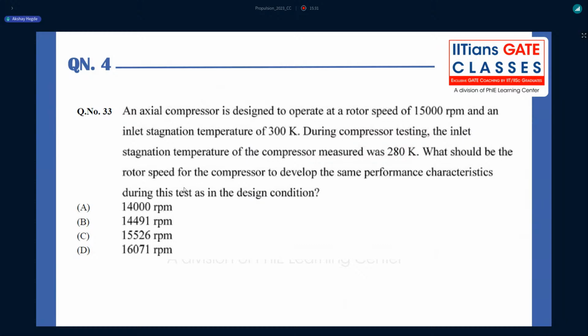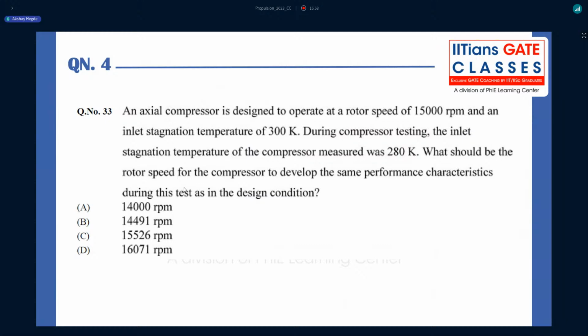Because now we have the same compressor which is being tested under different conditions, but we want to get similar performance characteristics. That means we want to match the dynamics of the flow which the compressor is encountering under two different test conditions. So consider the scenario to be two different tests, or at two different places you are testing the same compressor. That is how the question is framed, right?